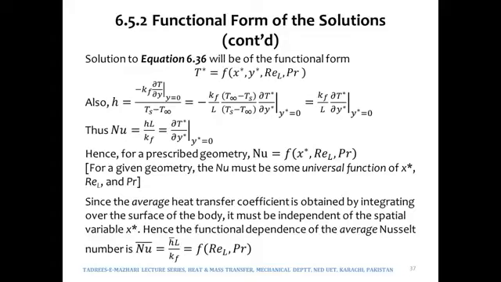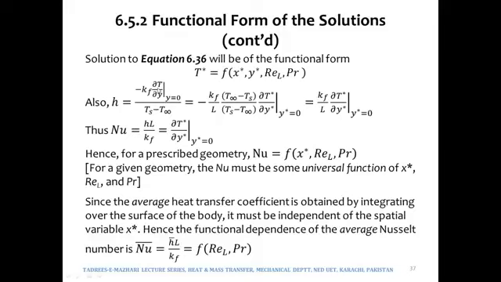So minus kf dT by dy at y equal to 0, the interface of the surface and the fluid, would be equal to h A delta T. The area will get cancelled out, so h would be minus k times dT by dy over Ts minus T infinity.